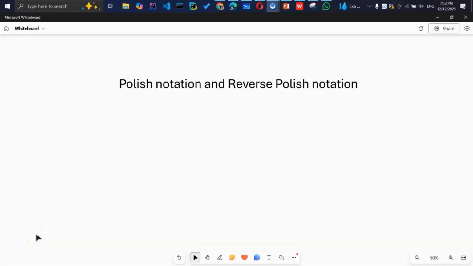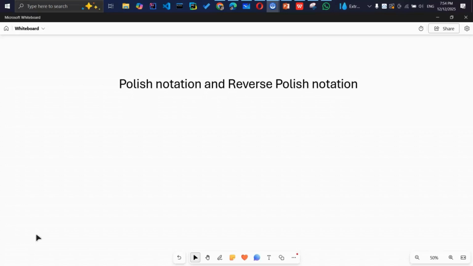Polish notation and reverse Polish notation. The two best known alternatives are where you write the operator before or after its operands, known as prefix or postfix notation.